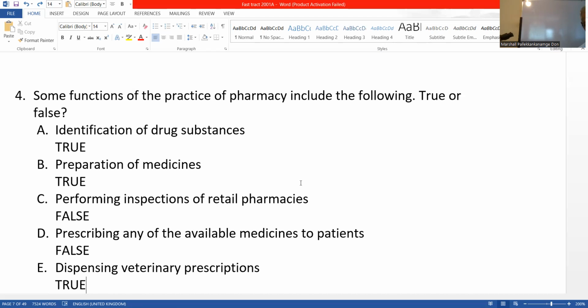Prescribing any of the available medicines to patients. Pharmacists cannot prescribe anything in the pharmacy. And dispensing of veterinary prescriptions, that is true. So C and D are false.